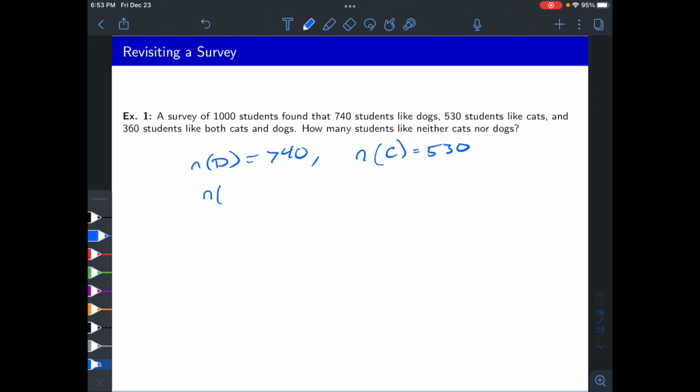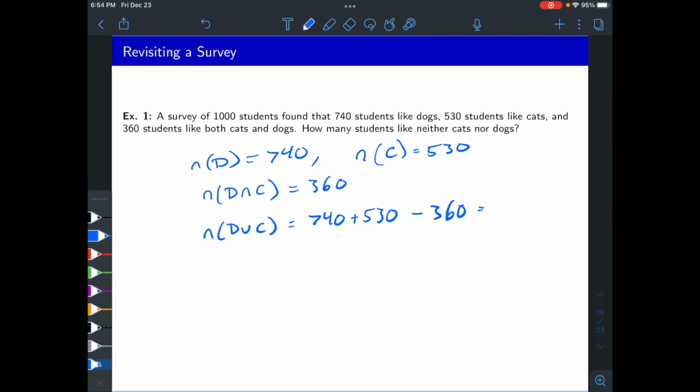And the number of students that like both, students in D intersect C, is equal to 360. Now we don't have to do anything with Venn diagrams at all. We could just say that the number of students in D union C, the number of students that like cats or dogs, is equal to 740 plus 530 minus that intersection, 360.